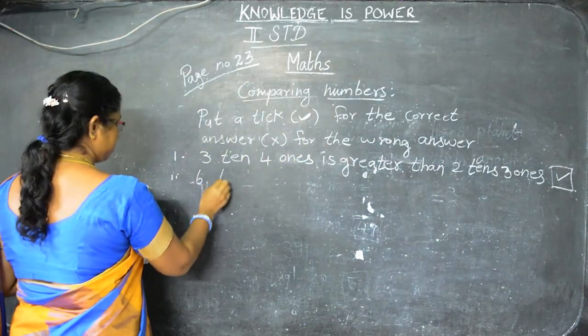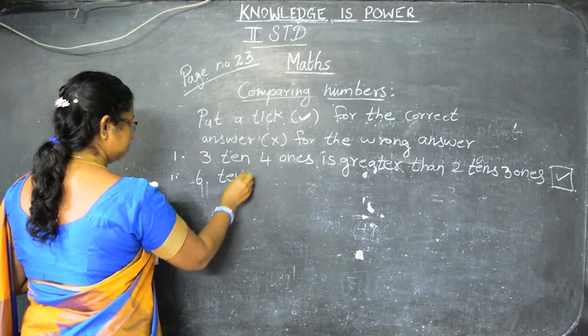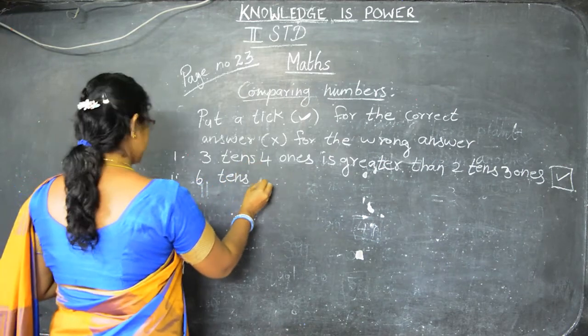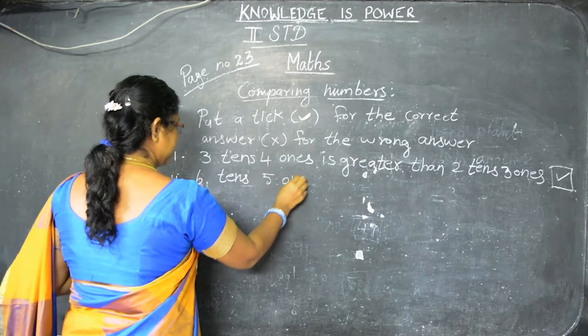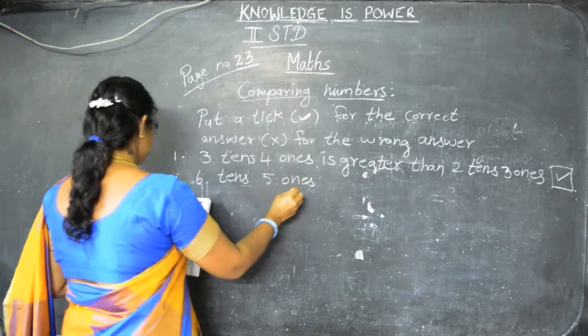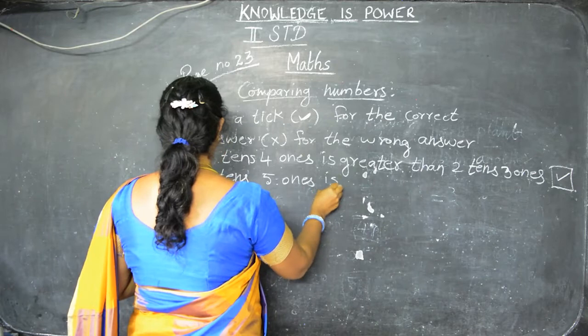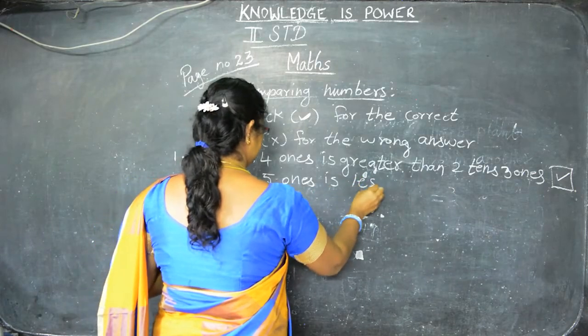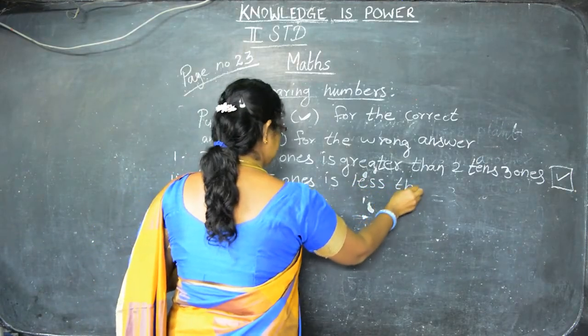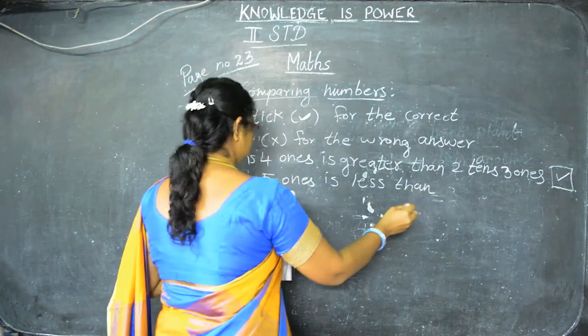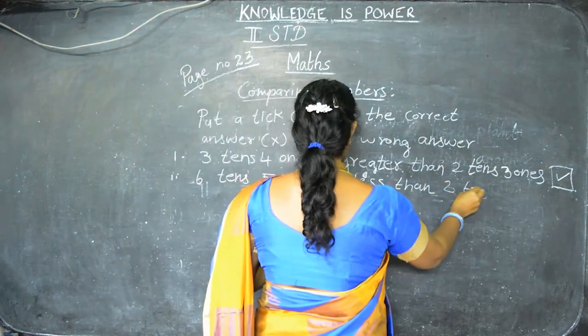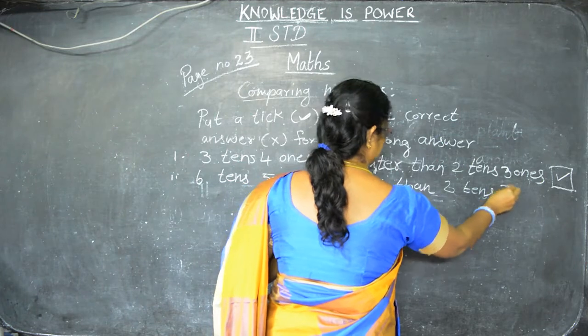6 tens and 5 ones is less than 2 tens 3 ones.